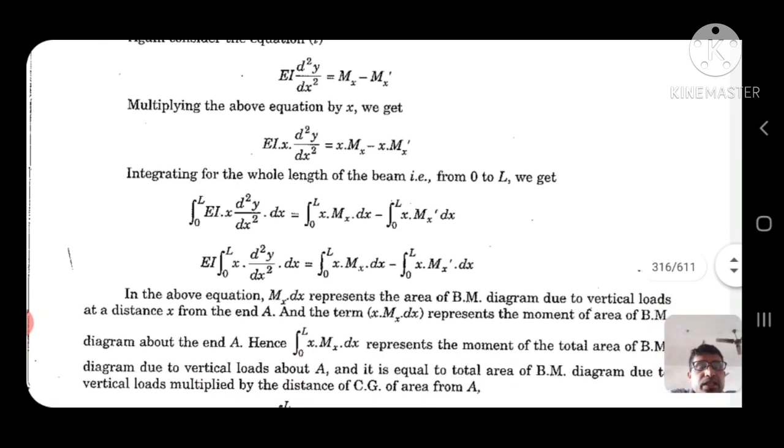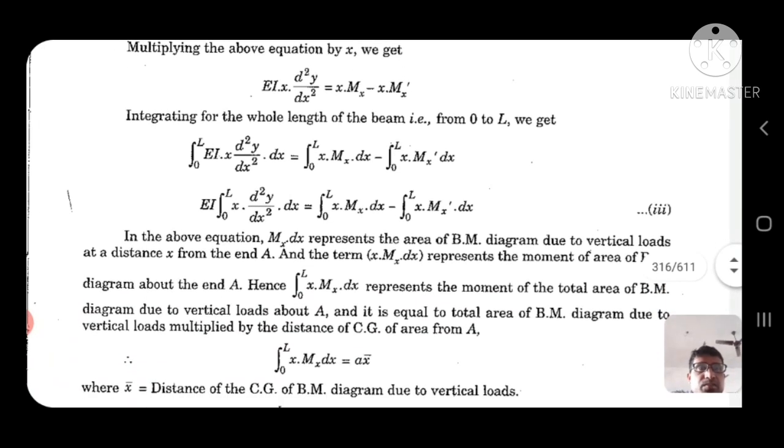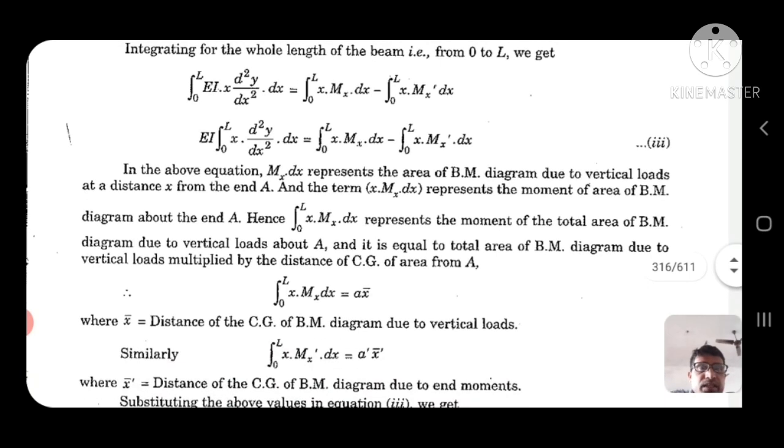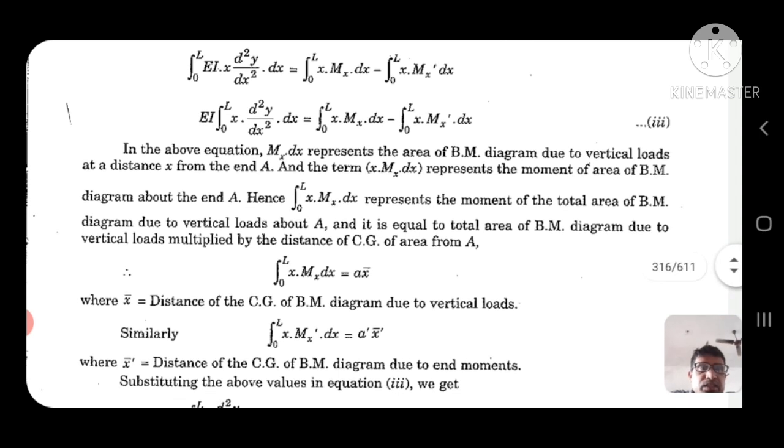Integrating for the whole length of the beam, that is from 0 to L, we get the integral from 0 to L of EI x d square y by dx square dx is equal to the integral from 0 to L of x Mx dx minus the integral from 0 to L of x Mx prime dx.